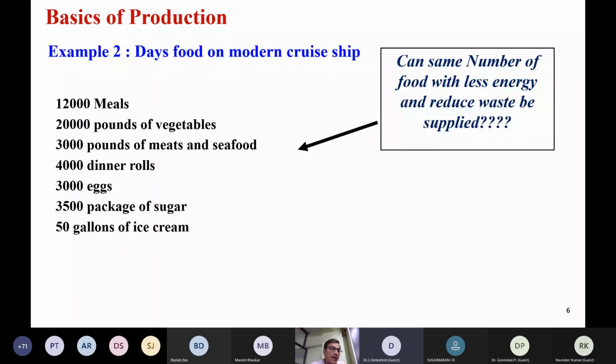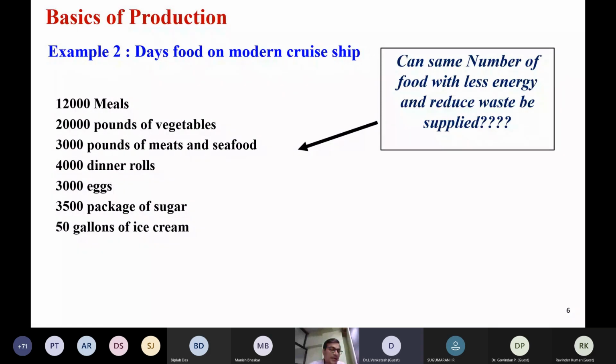Can the same number of items or output be produced with less energy, reduced waste and fewer resources? Suppose there are industries, people working on some manufacturing industry, say for example steel manufacturing.